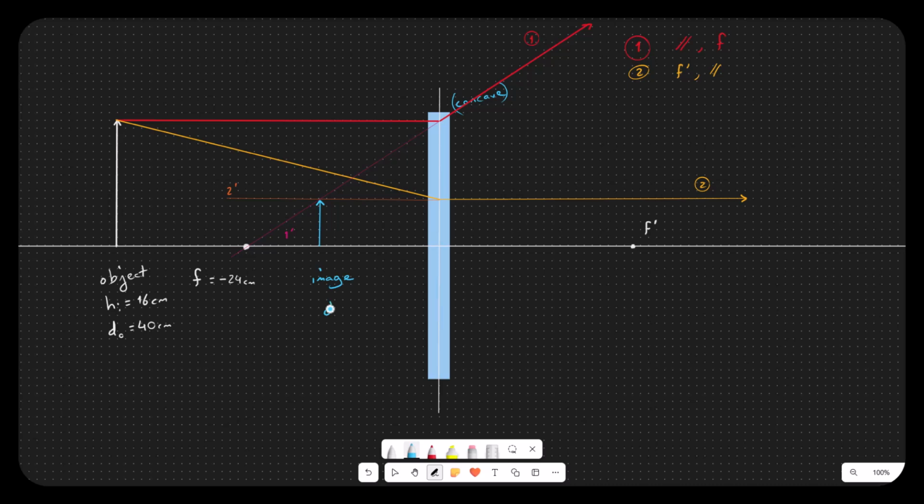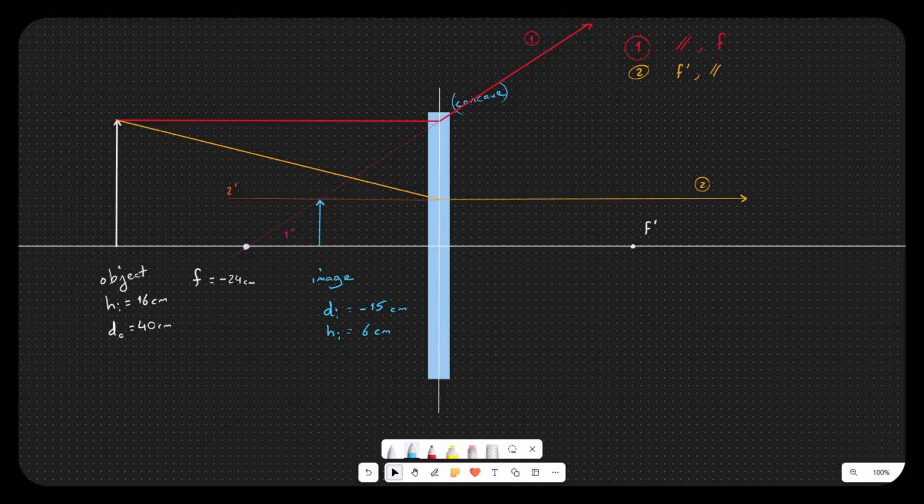My image distance, if I measure this out, is right here, 15, and I'm on the left side of the lens, so it's a negative 15 centimeters. My image height is 6 centimeters, and it's positive because it's upright.